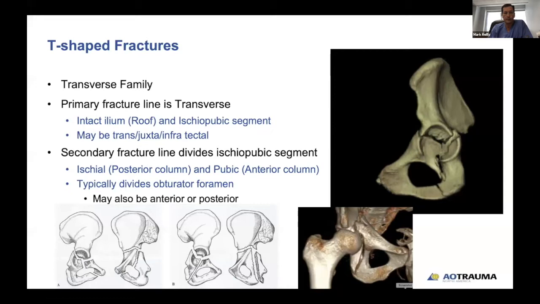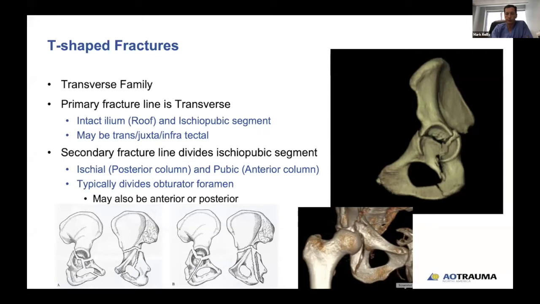And so with the T-shaped fracture, this component can still be transtectal, juxtatectal, or infratectal, as with any of the transverse family. But in this case, we now have a secondary vertical fracture line that divides the ischiopubic segment into an anterior component, or an anterior column component, and a posterior column component.